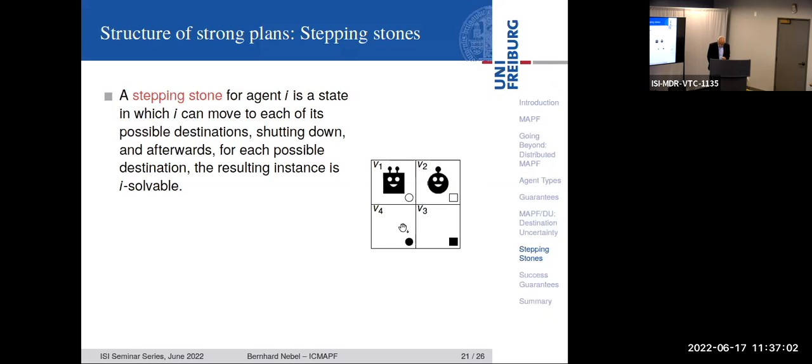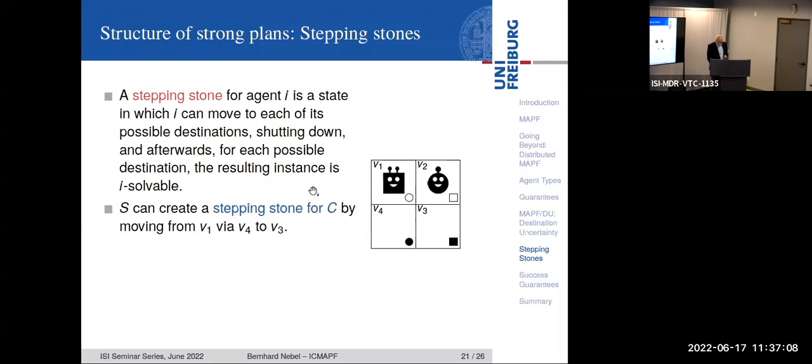We can look at this example here again. What would be a stepping stone? Well, S could create a stepping stone for C by just going to V3 via V4. And after that, the circular agent can go either to V1 or V4, and then it would have reached its final destination.